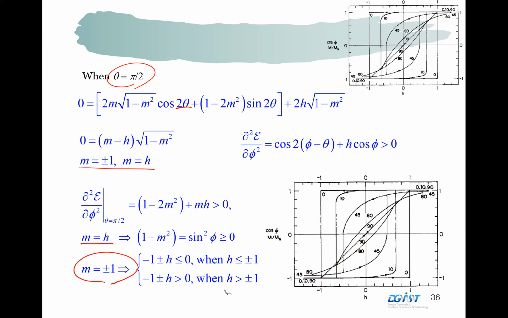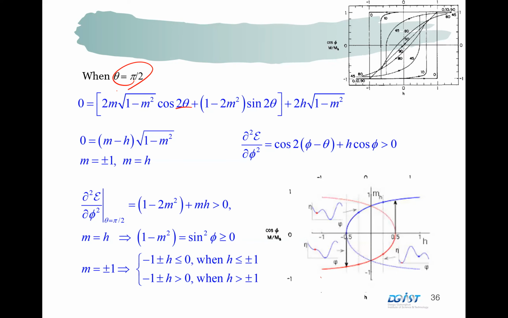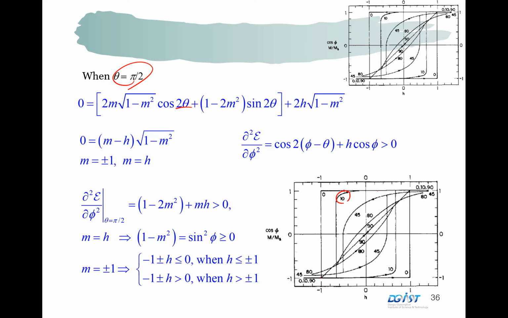And how about a more general angle, not 0 or pi over 2? In a more general case, for example 10 degrees, they make such kind of loops. At 45 degrees, they have this form of loops. And at 80 degrees, they have loops like this. So if you take a careful look at this cartoon, you can understand what I'm saying.